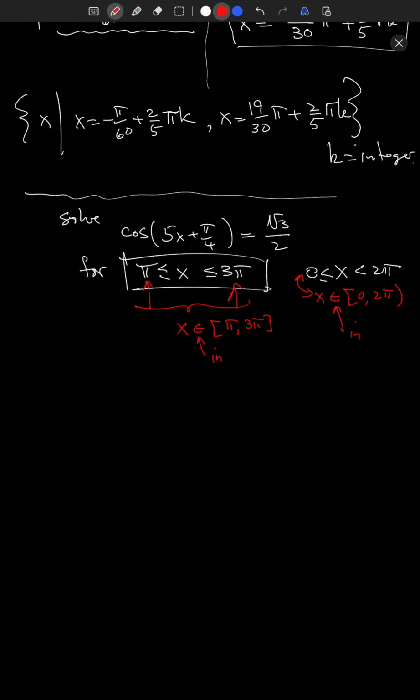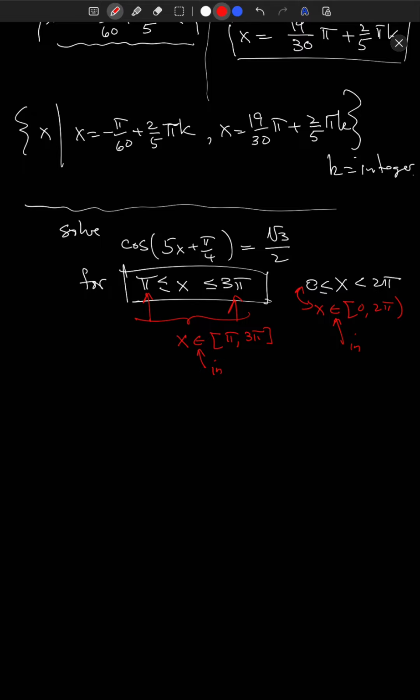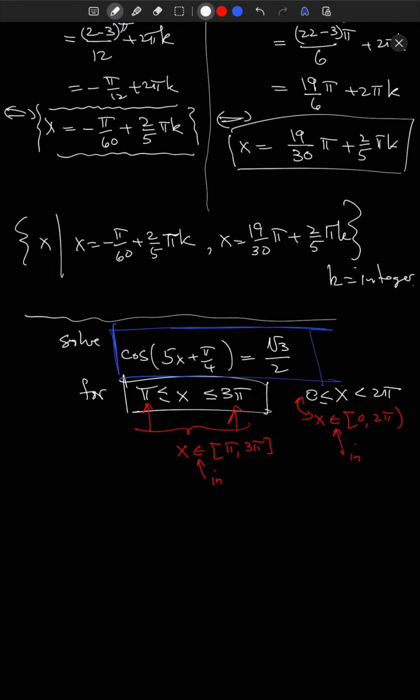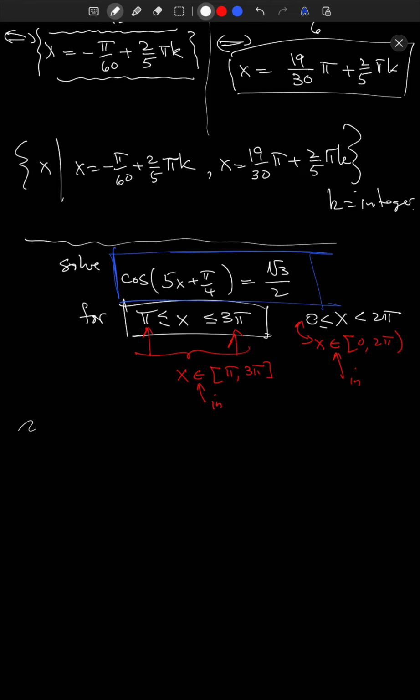Okay, so how do I do this? Well, the way I do this is I do the first problem first, and I get the solutions. So we've already done that, luckily for us. So now I'm going to write down the solutions.